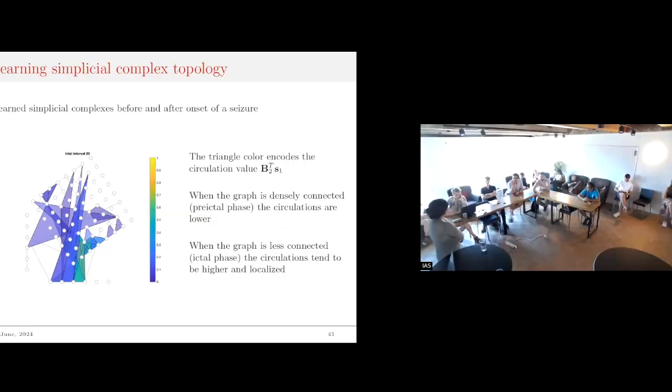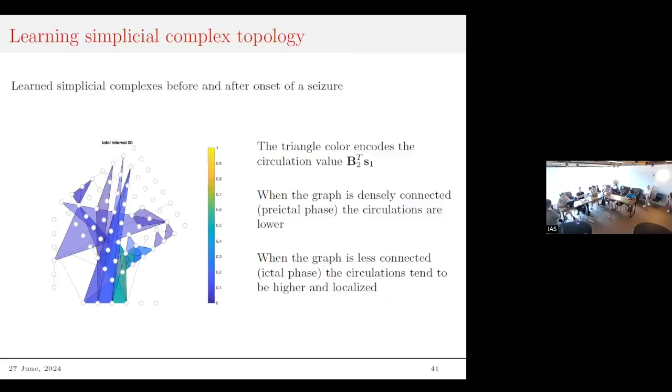But it's known that where there is the source of the seizure, all the neighborhood around the source is damaged.